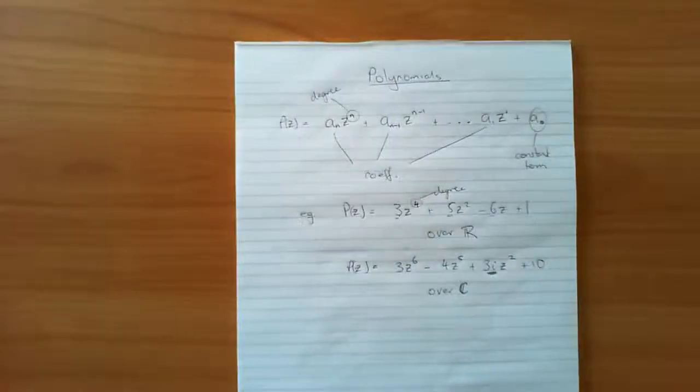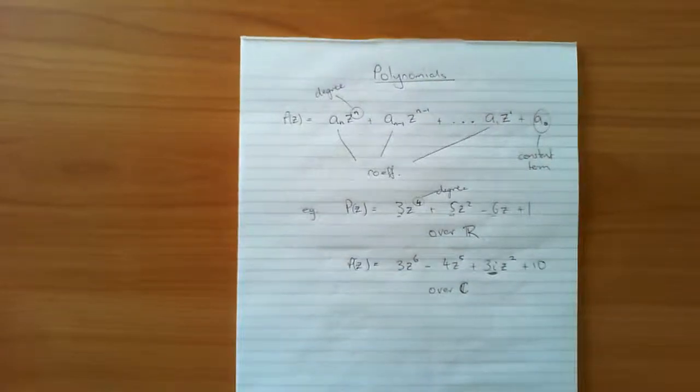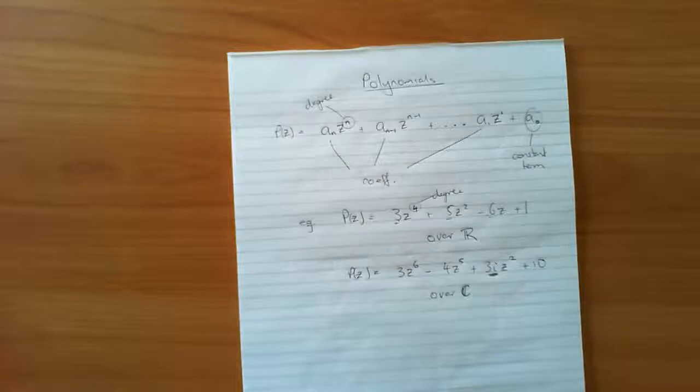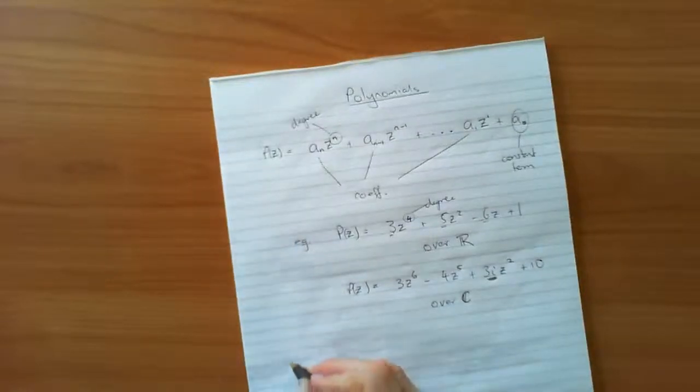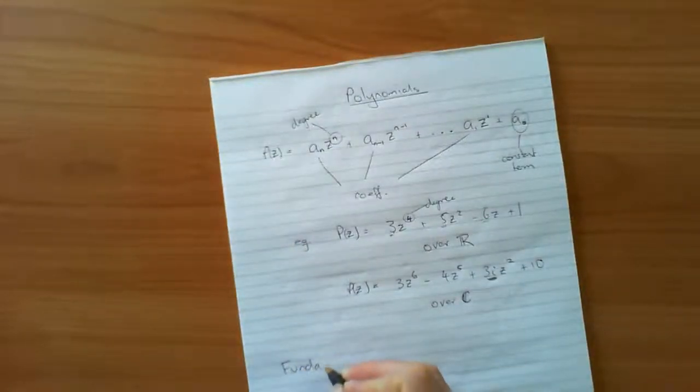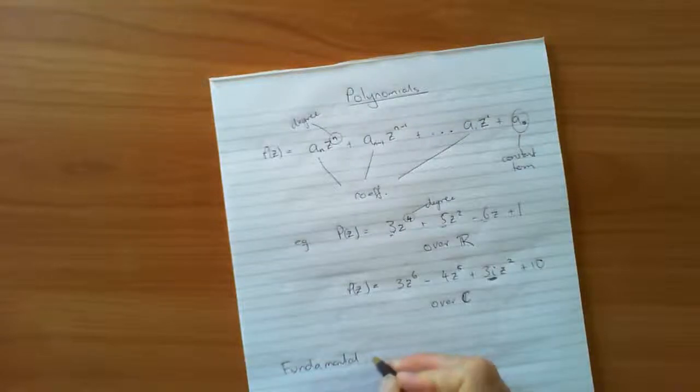Alright, I'm going to keep going in this direction for a moment, and then in the next video I'll go back and do some more simple examples and build up your knowledge base behind what we're about to do. What I want to show you here is what we call the fundamental theorem of algebra.